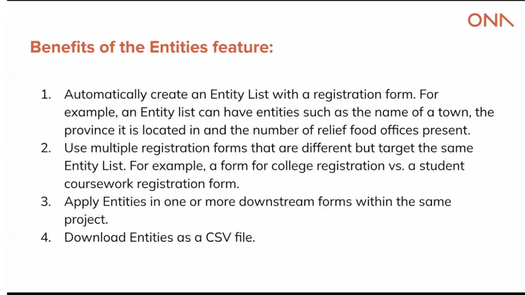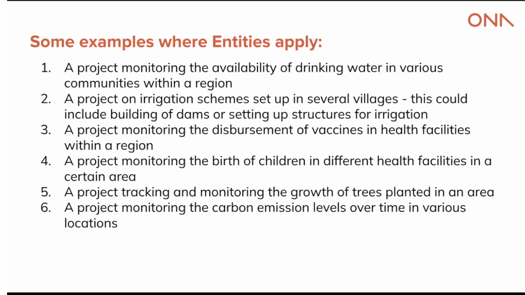So you can use entities to run that. Then you can apply entities in one or more downstream forms within the same project. So you can have one project, and the entity list can be referencing several forms that are within the same project. Then you can download entities as a CSV file.